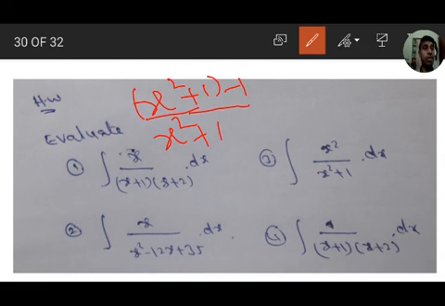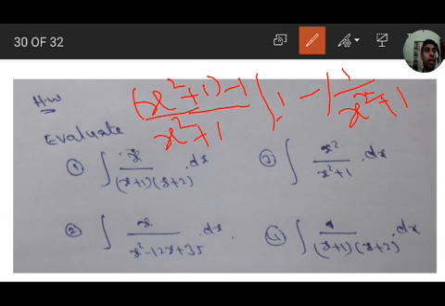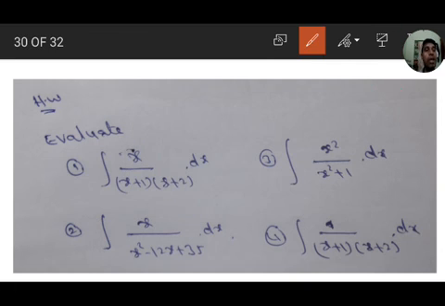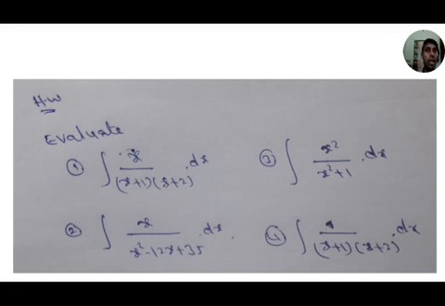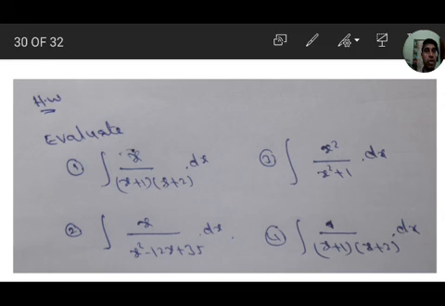X square plus 1 by x square plus 1 means 1, and 1 by x square plus 1, converting into proper fraction. Then it is direct integration: integration of 1 is x, integration of 1 by x square plus 1 means tan inverse x will come. Now do the homework problems, and the exercise problems also remaining.